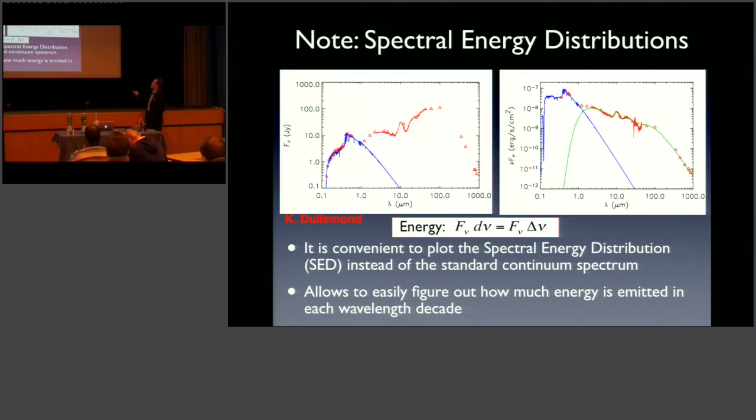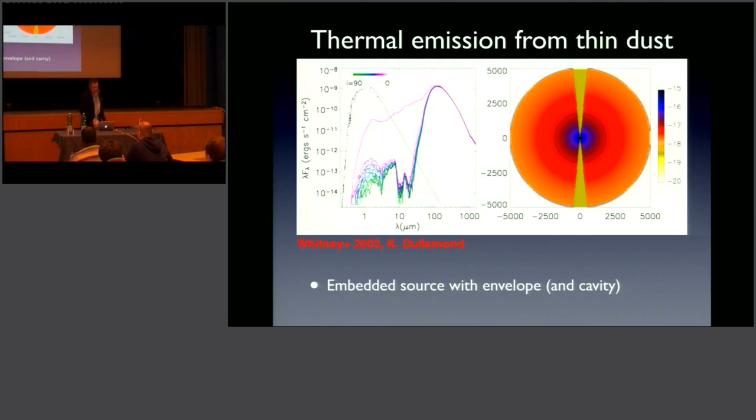This shows you that if you take a decade in wavelength, delta nu times f nu is the energy being emitted there, and obviously most of the energy is emitted by the star, and only a small fraction is reprocessed by the envelope. So this allows you to figure out how much energy is emitted in each decade of wavelength.